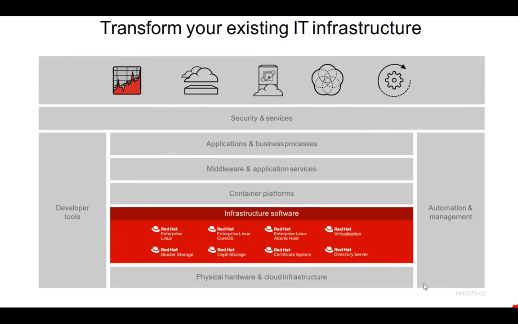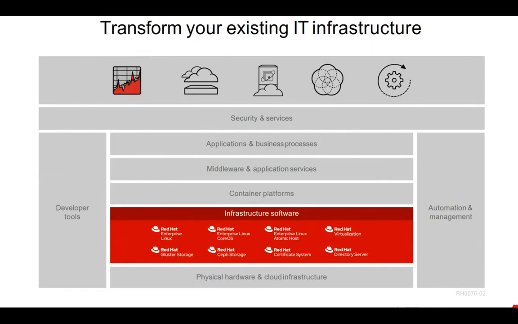The new Red Hat Linux 8.1 is an amazing progression of Linux from what it was to what it is today. It is going to give you the capabilities of predictive infrastructure management because it comes with Red Hat Insights, and it has the capabilities to containerize in future, right?